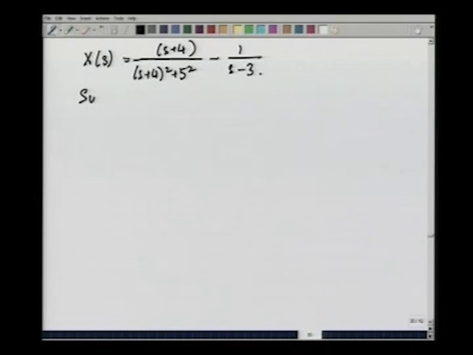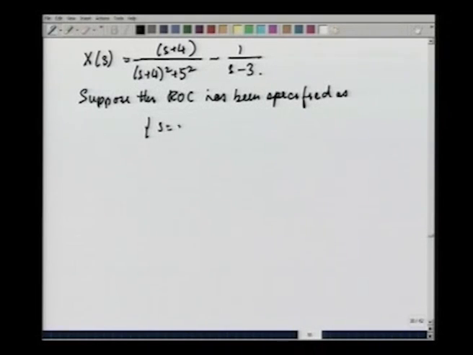Suppose the ROC has been specified as the set of all s equal to sigma plus j omega, where minus 4 is less than sigma is less than 3.